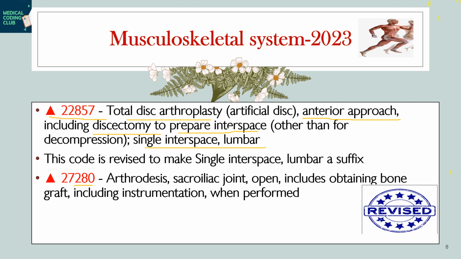And 27280 says arthrodesis of sacroiliac joint, open, includes obtaining bone graft, including instrumentation when performed. So these two codes have a minor change in the description. That's all in the musculoskeletal system.